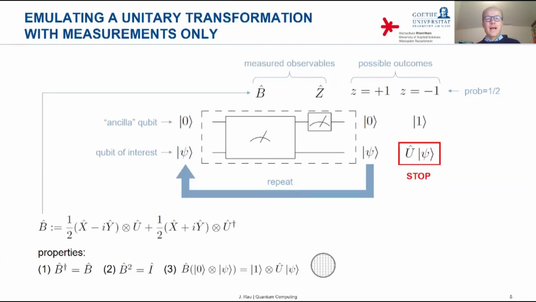You see that this algorithm is probabilistic. It's not guaranteed that in the first run or after a definite number of runs, you have the second qubit in the desired state u psi. But you just have to run it as often as necessary until eventually the second measurement gives you the outcome -1 for Pauli Z. And then you stop, and then you have the qubit in the desired state.